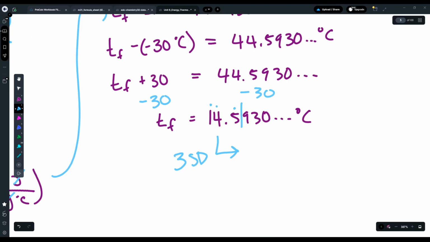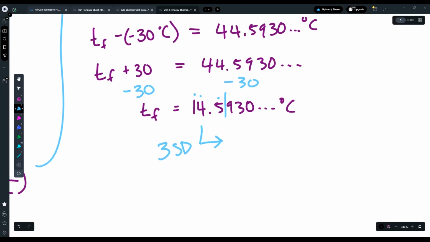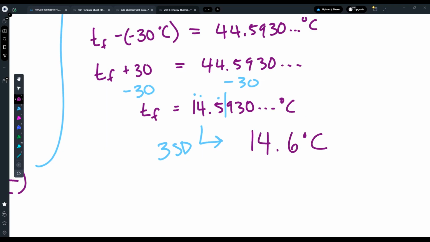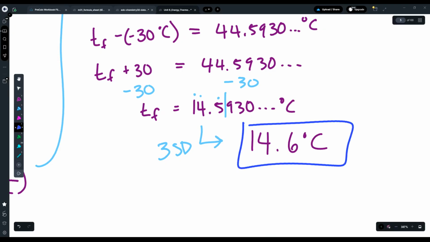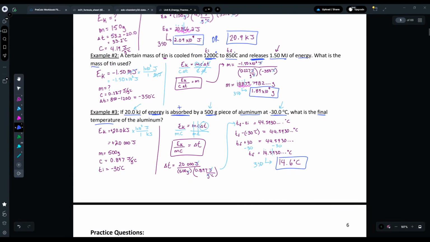So since my cutoff line is after the decimal, could we use scientific notation? Yep, but we don't have to. So 14.6 degrees Celsius. And there you have it.